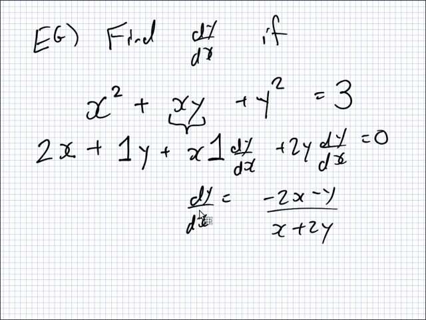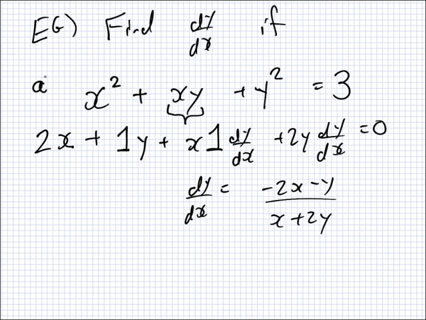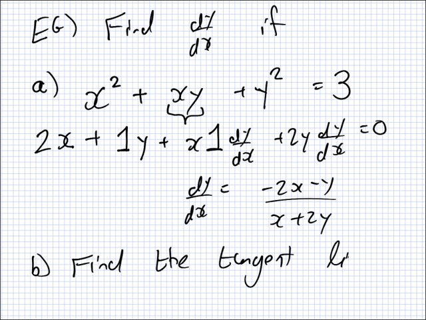Okay, next question now. That's part A. Part B is find the tangent line at x equals 1, y equals 1. So this will have some shape to it. I want the tangent line at 1, 1. Tangent, you know tangent?